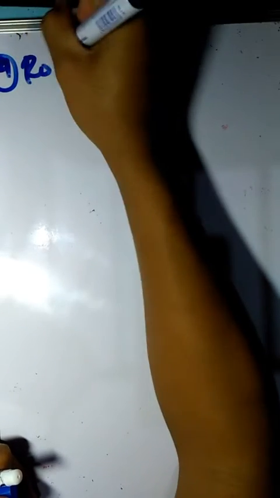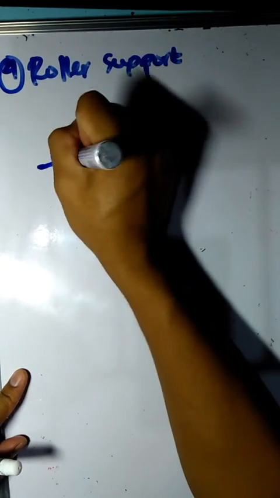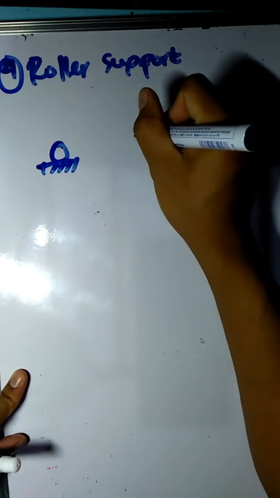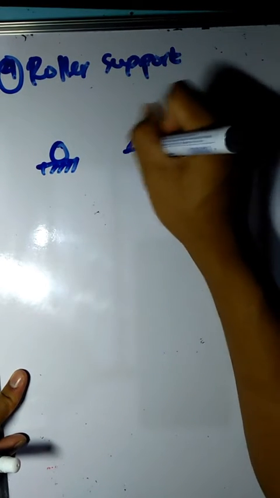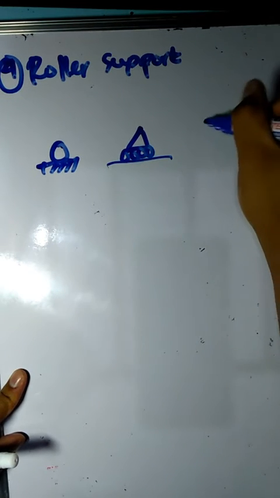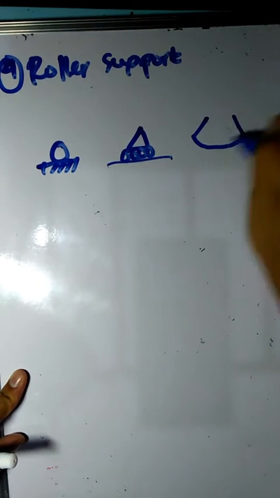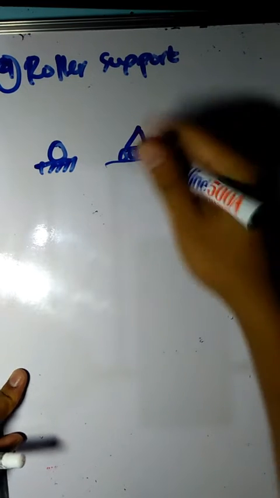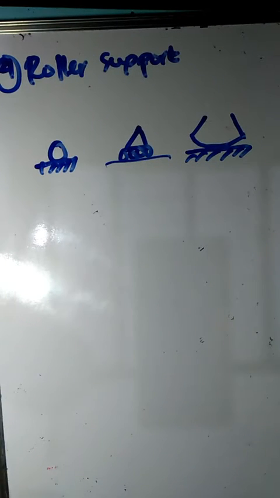So, sa number 4, yan ay isang roller support. Okay? So, kung i-draw natin yung roller support, pwedeng ganito. Pwedeng ganyan. Or pwedeng ganito. Okay? So, ito yung mga itsura ng normal roller support.